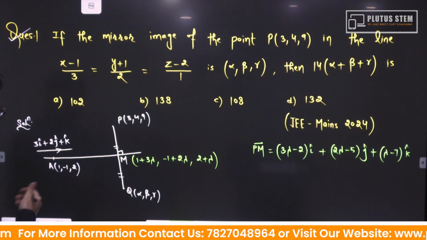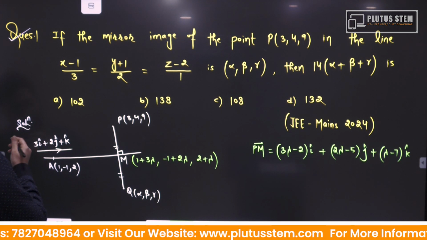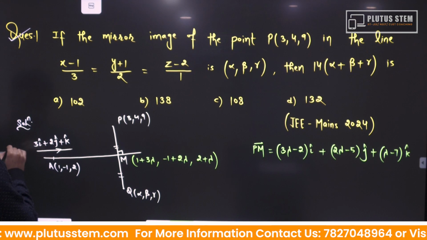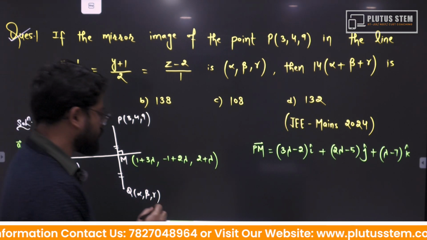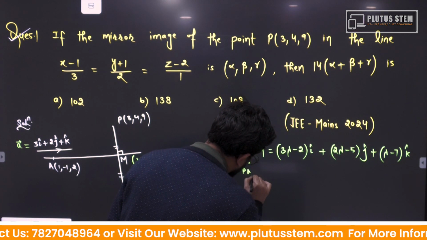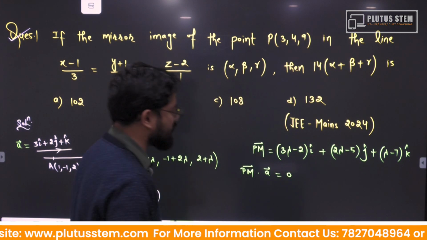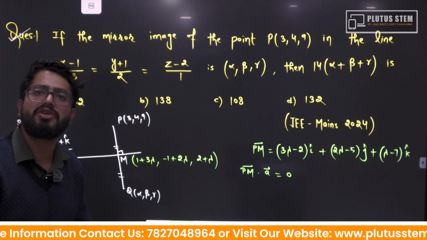Clear? Now let's assume this direction vector is a vector, small a. So PM vector dot a vector must be 0, because PM vector and this vector are perpendicular. So the dot product must be 0.